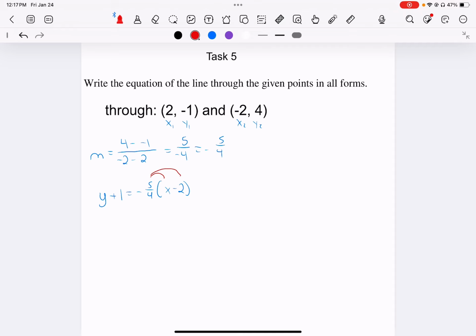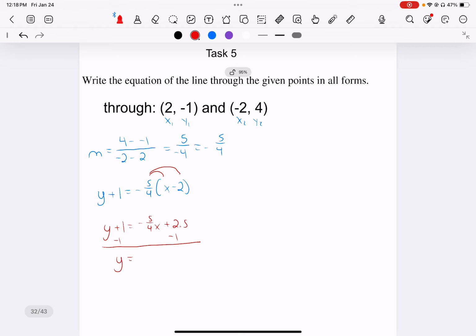I'm going to distribute, and I have y plus 1 equals negative 5/4 x plus 2.5. Subtract 1 from both sides. Y equals negative 5/4 x plus 1.5.